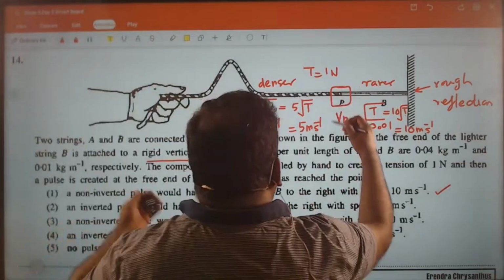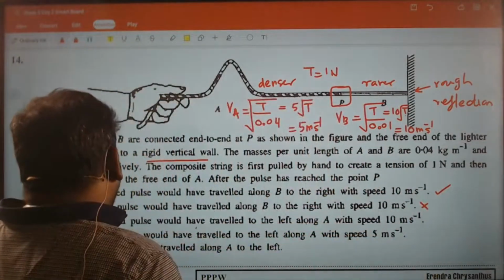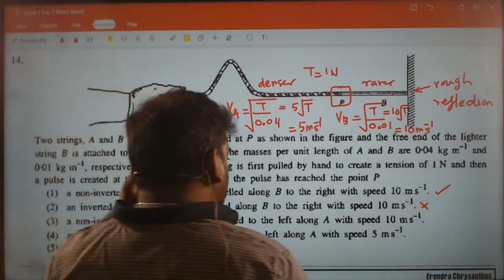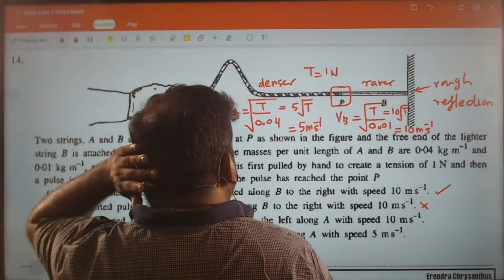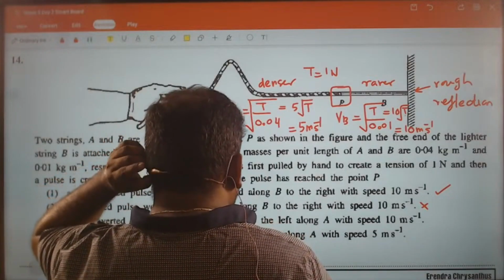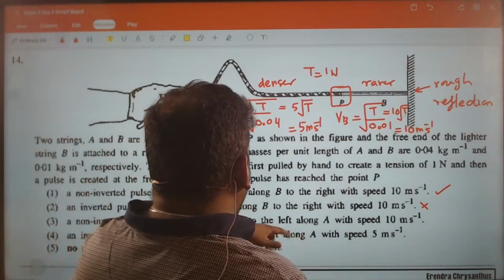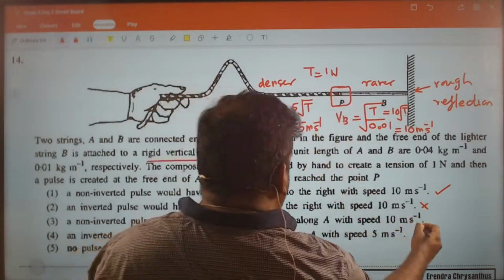So there would be an inversion in the same direction, refraction, so this one is wrong. A non-inverted pulse would have travelled to the left along A. Here it is rigid, so there will be an inverted pulse.